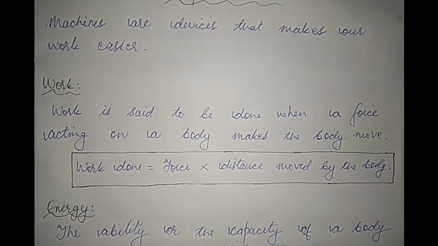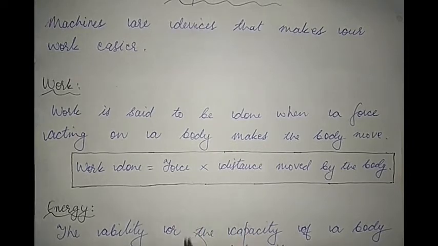But sometimes what happens is there is force applied but there is no movement of the body. Like say for example, there's a concrete wall and I want to push it. So I'm pushing the wall. I'm applying a force, so to say, on the wall. But of course, the wall is not going to move. So in that kind of a scenario, we say we are not doing any work or work is not done.